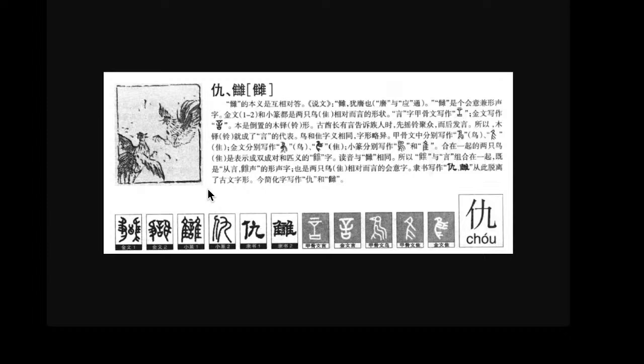So the original character is like two birds, one on each side. If you look closely, the drawing of the two birds is slightly different. Why the difference? Because one is male and the other one is female. Later on they're not bothered with the difference, they become the same. But originally they're different, one male, one female. And in the middle is the character called Yan, the talking head, the talking face we see so often. So the original meaning of this character is a companion, or spouse. They use a male and female bird and together talking to express that meaning.